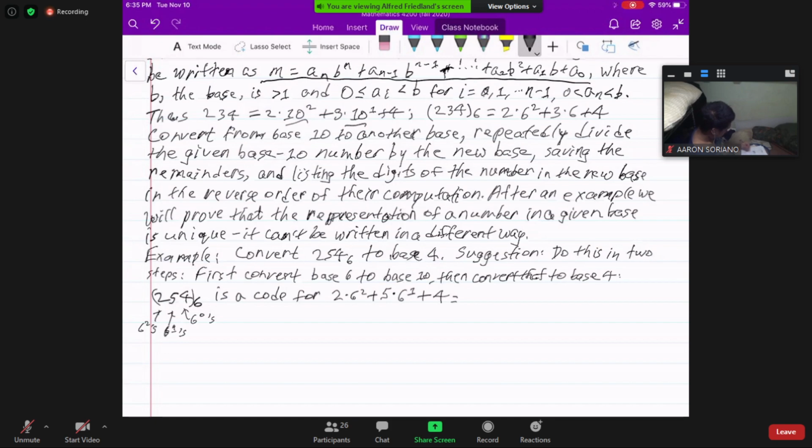So in more familiar decimal form, base 10 form, 6 squared is 36 times 2 is 72, plus 5 times 6. And again, I think of this as 6 times 5, but whichever way it is, thank goodness for the commutative law, is 30 plus 4.